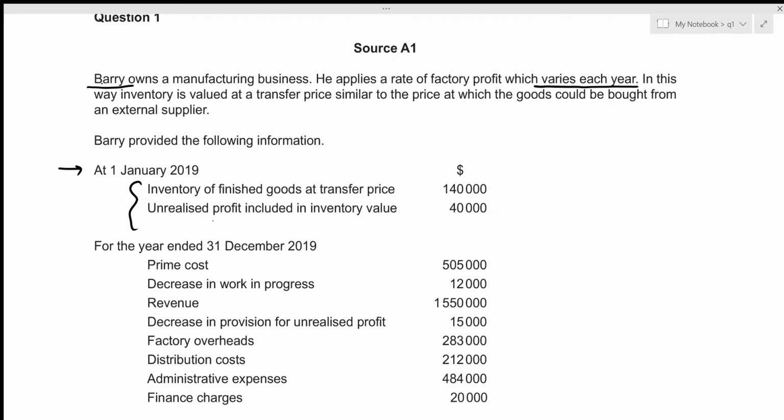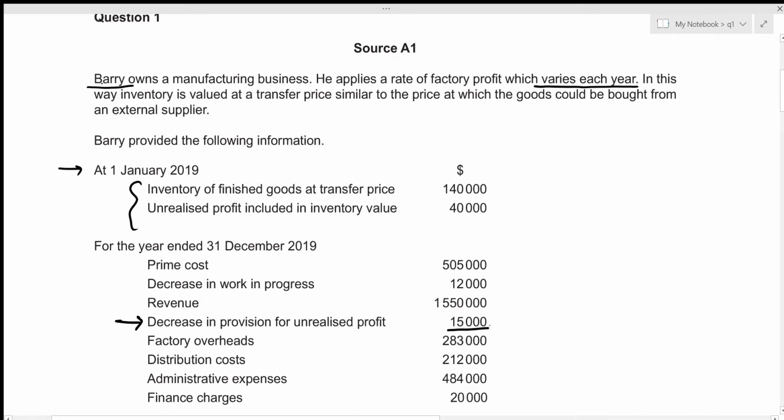So we must be given some information regarding whether there was an increase or decrease in the unrealized profit included in inventory value for this particular year. Let's have a look at our information. We are given prime cost, decrease in work in progress, revenue. Right here, we're given decrease in provision for unrealized profit, and it amounted to 15,000.